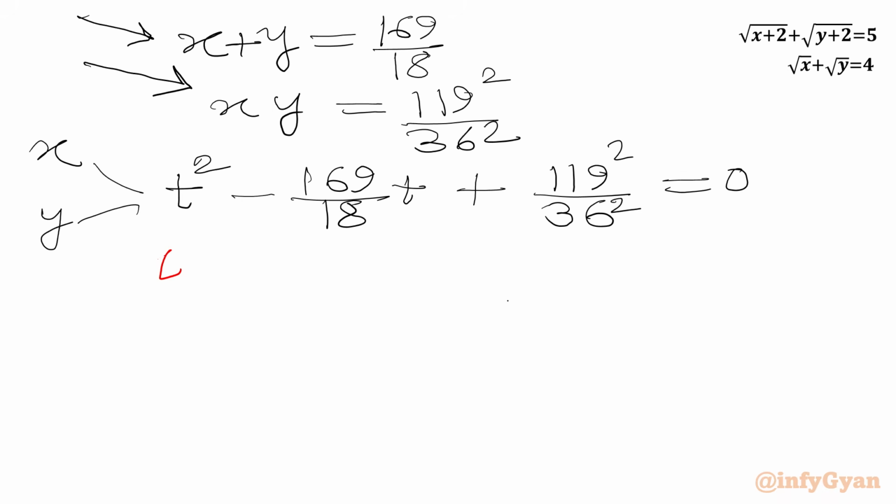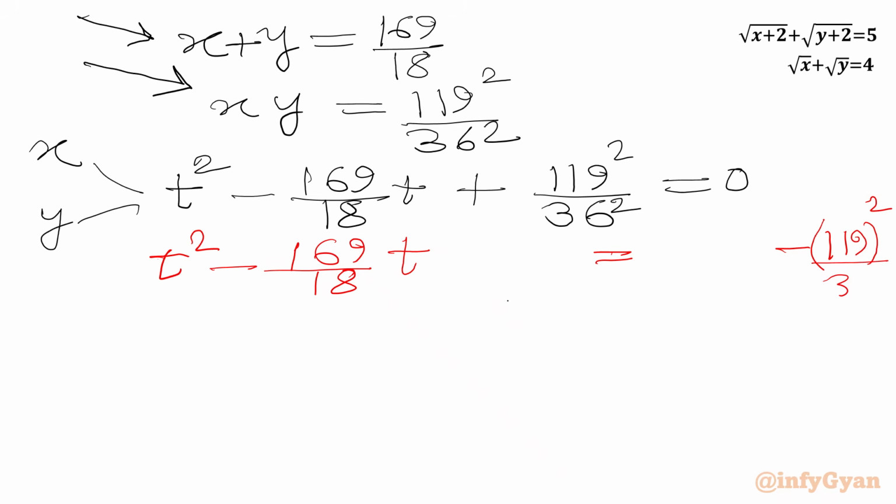So I need to write t square minus 169 over 18 times t in the LHS, and I will take 119 whole square over 36 whole square in the RHS. So I will write minus 119 whole square over 36 square.